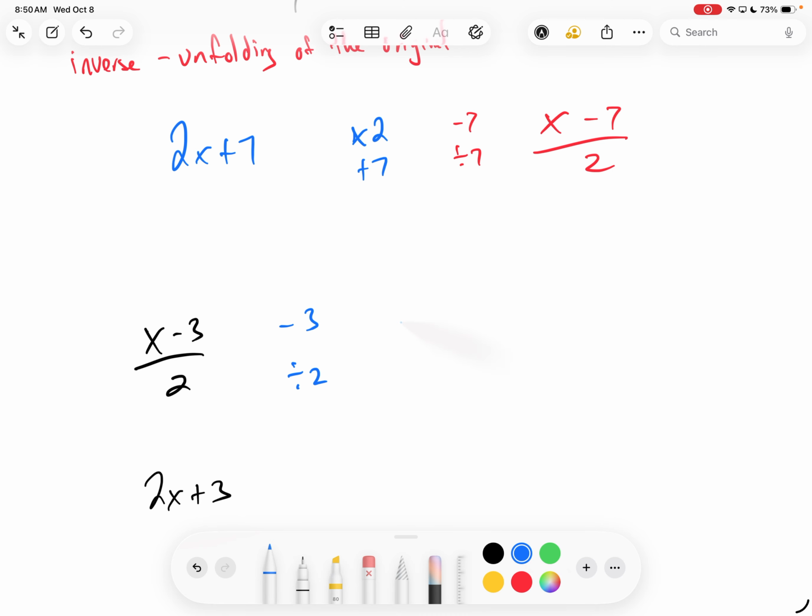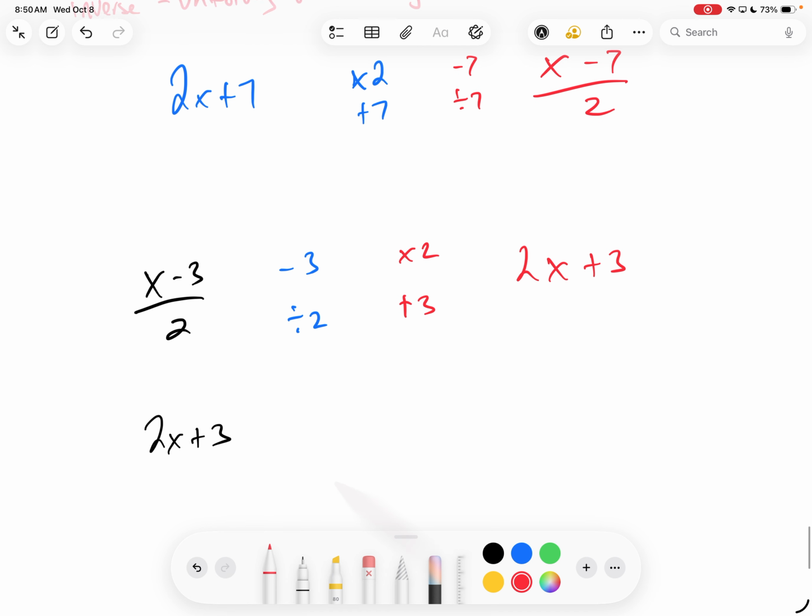So the exact opposite of that would be to multiply by 2 and add 3. So if I take a number, multiply by 2 and add 3, I get this. So those are inverses.